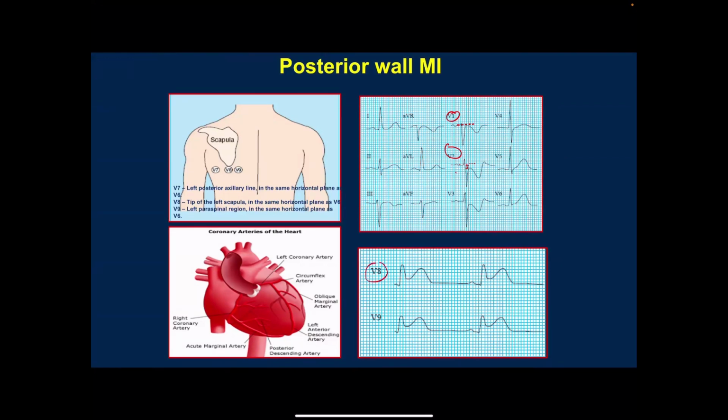He added V7 and V8 and V9. They're not showing 7, but you add 7, 8, and 9 here. These are the positions of lead 7, 8, and 9. So they add these leads to the back, and it really did show an ST elevation. See, this is the elevation right here. Okay, so this confirms posterior MI.